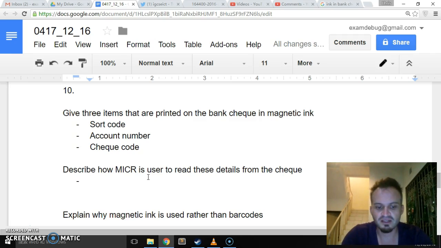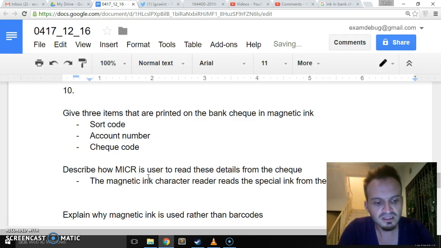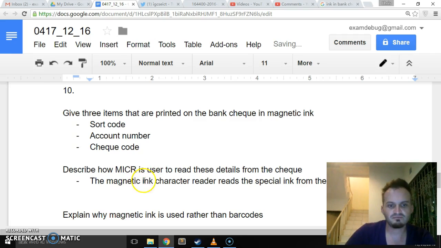So our first step is the magnetic ink character reader reads the special ink from the bottom of the check.